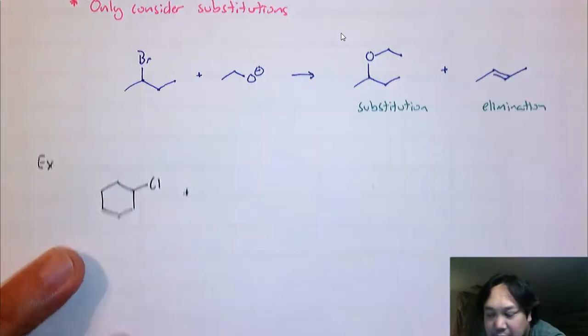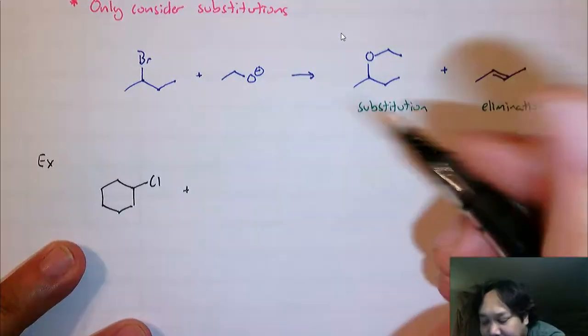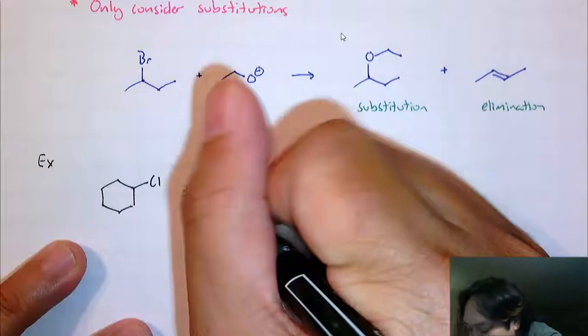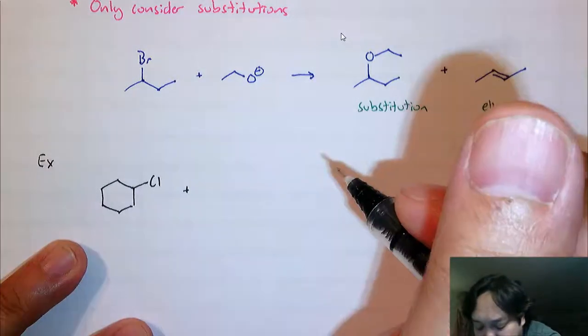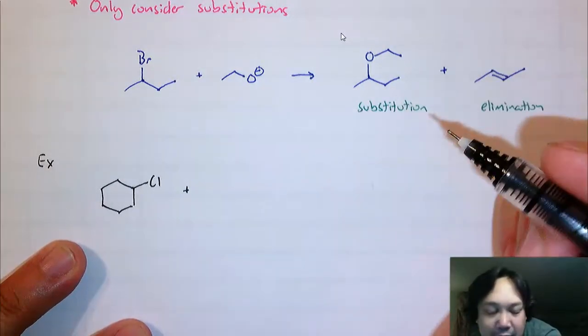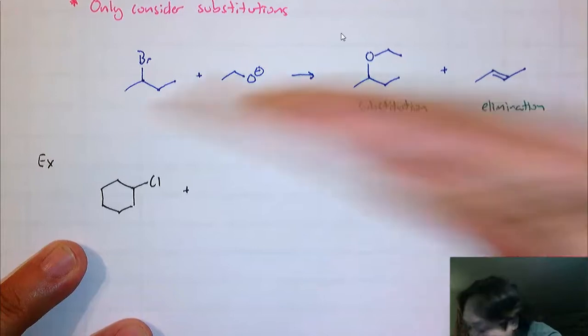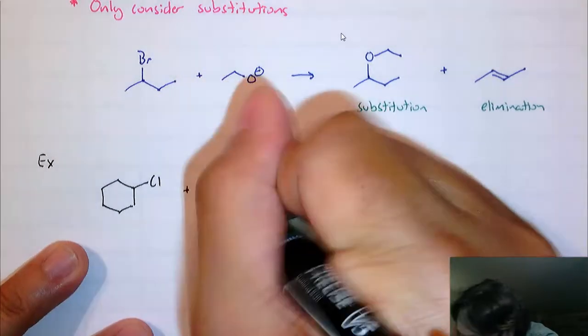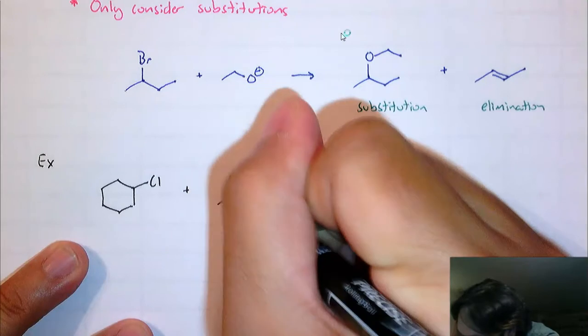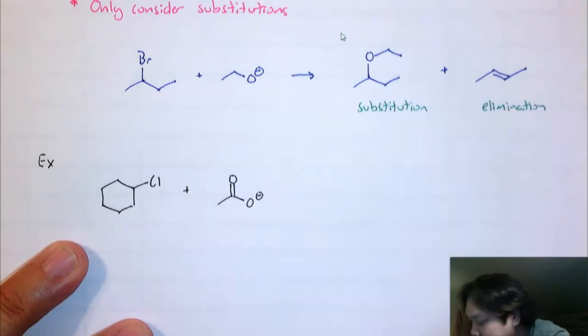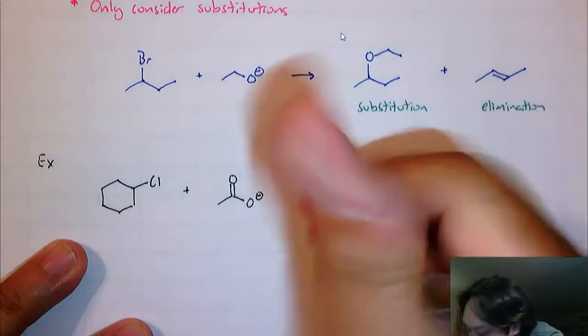The difficulty or the key to these reactions is to recognize what's the alkyl halide and what's the nucleophile. And I'm going to give you a very unusual nucleophile, one that most students are not expecting.